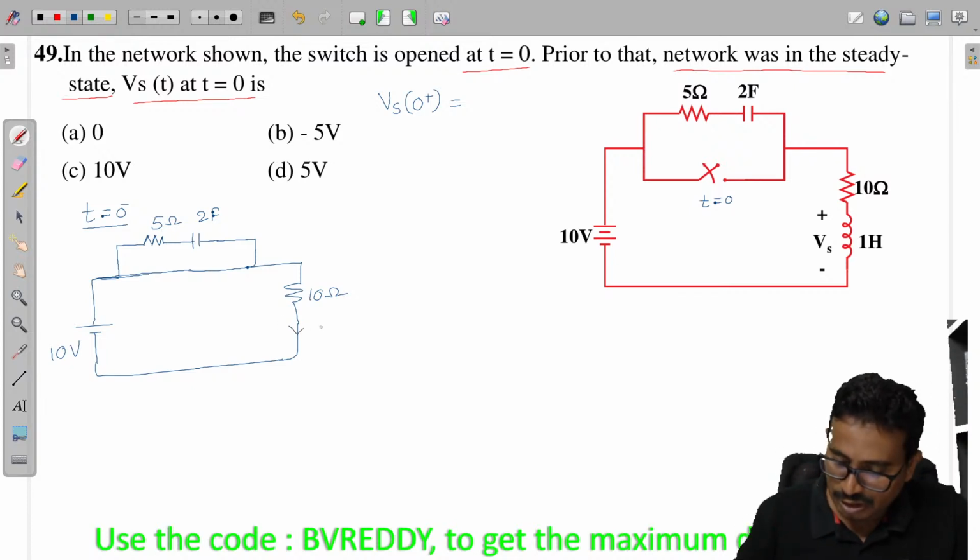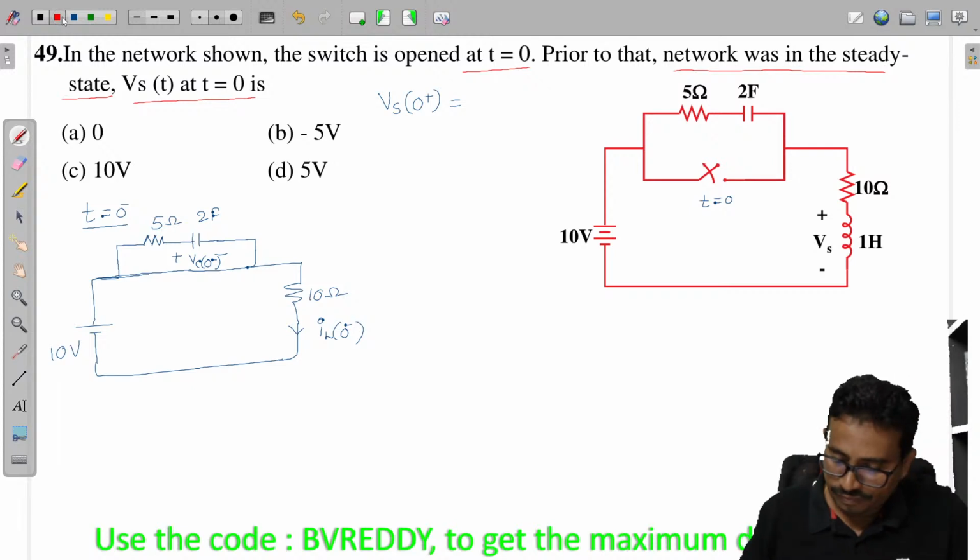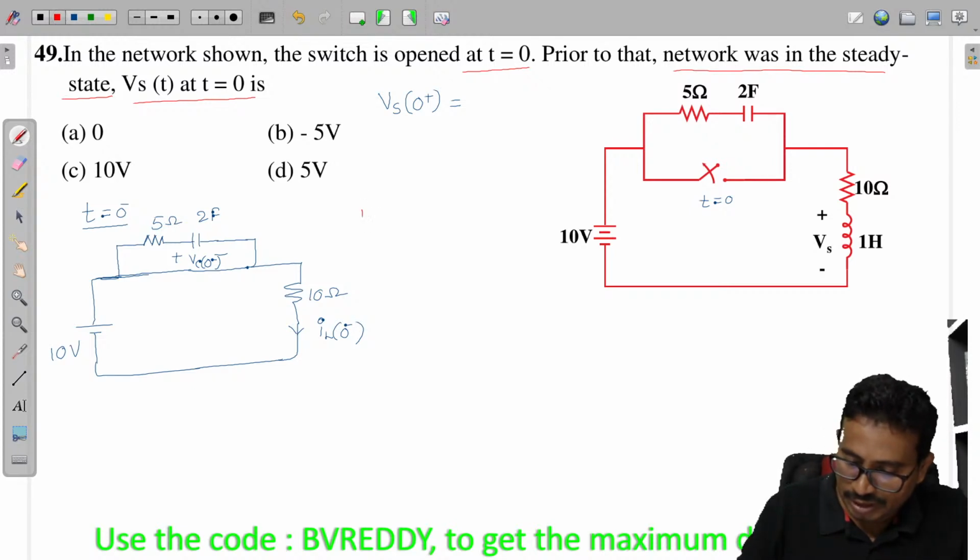So that means this current I can say is IL of 0 minus, and this voltage we can say is VC of 0 minus. Can you tell me how much this IL of 0 minus is equal to?